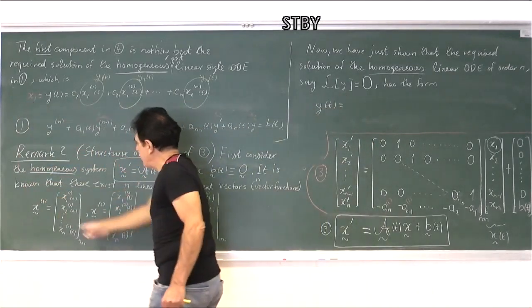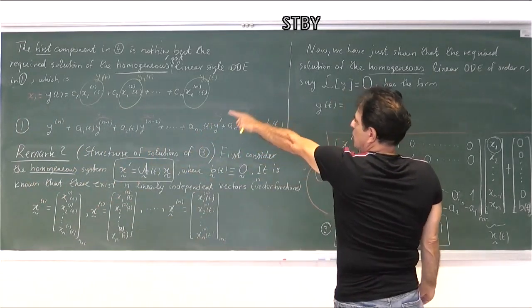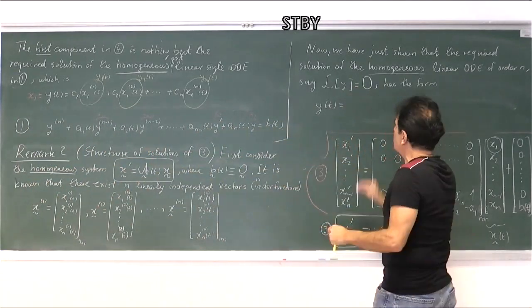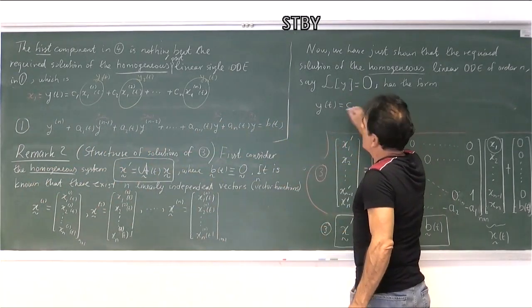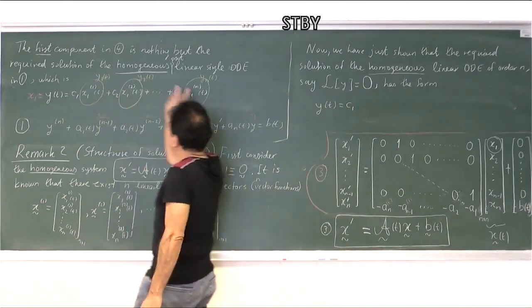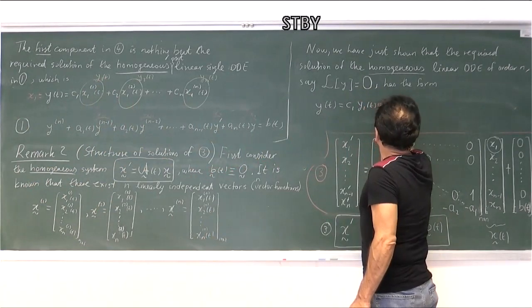Because if we find the solution of the system, then we get the solution of the nth order ODE. I just consider the homogeneous part now.